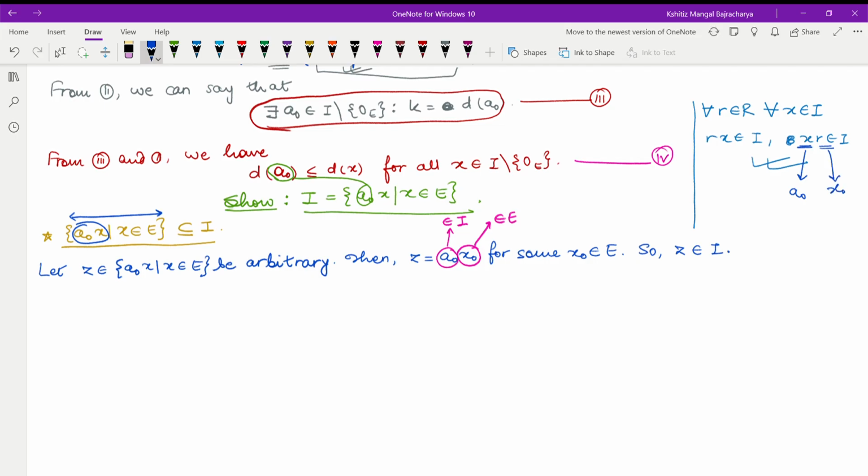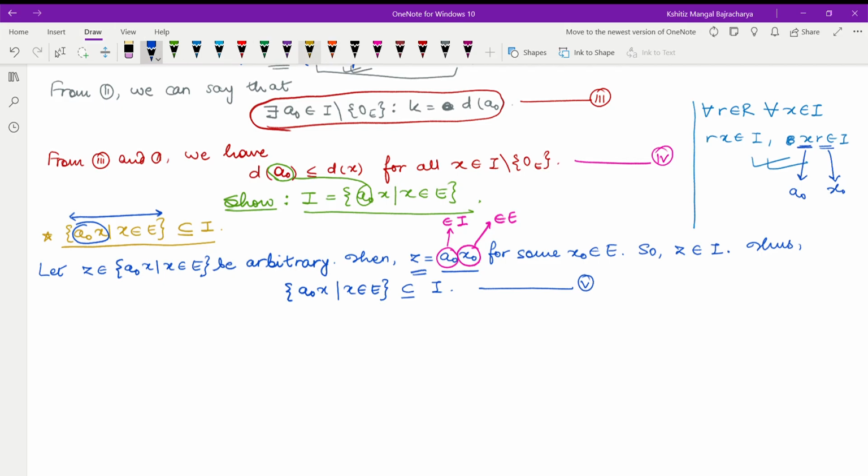So a0 x0 should be in I because I is an ideal. Since a0 x0 is equal to Z, and a0 x0 belongs to I, we can say that Z belongs to I. So what follows is that a0x, x belonging to E, is a subset of I. Let's call it statement 5.